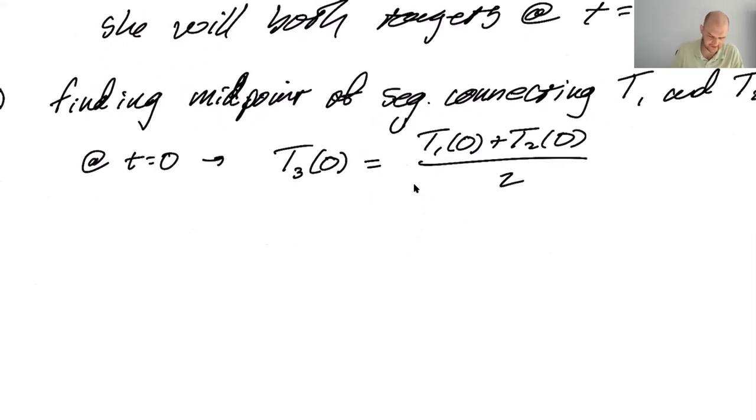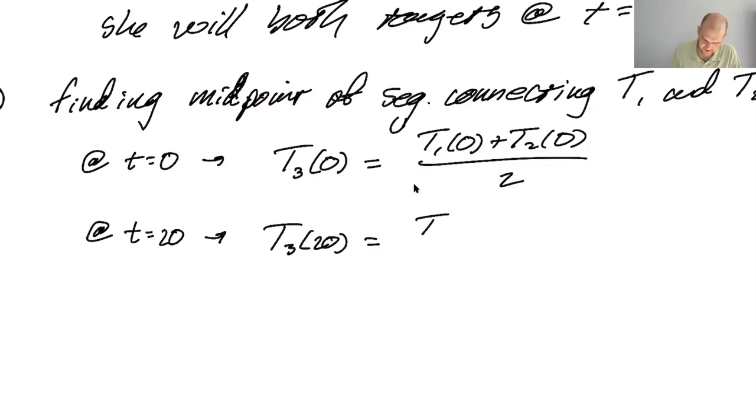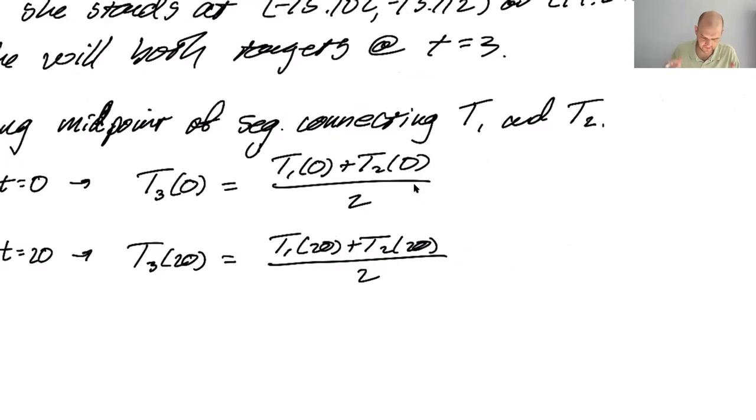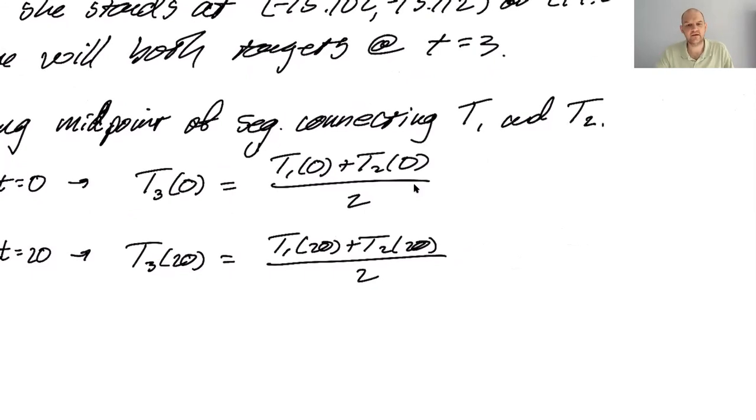And since T1 stops at 20 and T2 stops at like 26 something, we only want it when they're both moving, so we're going to use 20. T3 of 20 should be T1 of 20 plus T2 of 20 divided by 2. The calculator is going to do the work for that, so don't freak out about that. Let's see if we can do this.